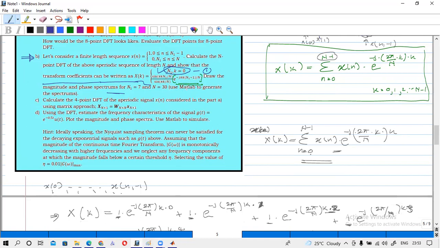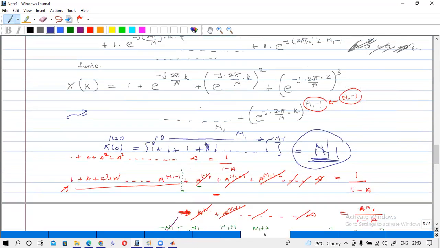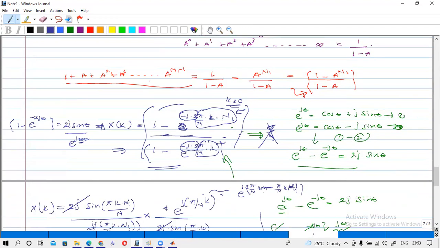If you type this in Matlab, you have to type more. Anyway, you can type this one, no issue. But rather, I think I can directly type this one, because it is very compact and I can type it very easily in Matlab. So I will use this result.